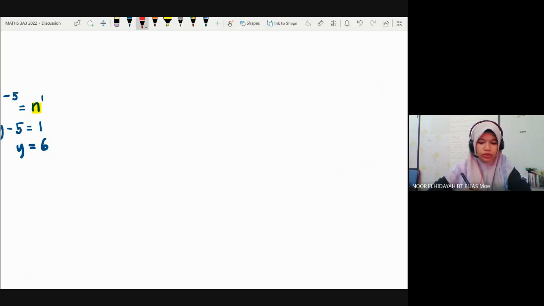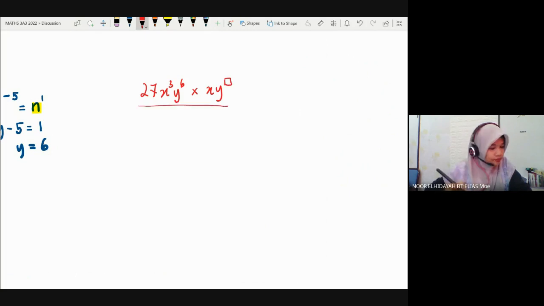The question is 27 x to the power of 3 y to the power of 6 times xy blank over, what is the coefficient, x power of 2 y power of 3 equals to 3x to the power of what? y to the power of 5.